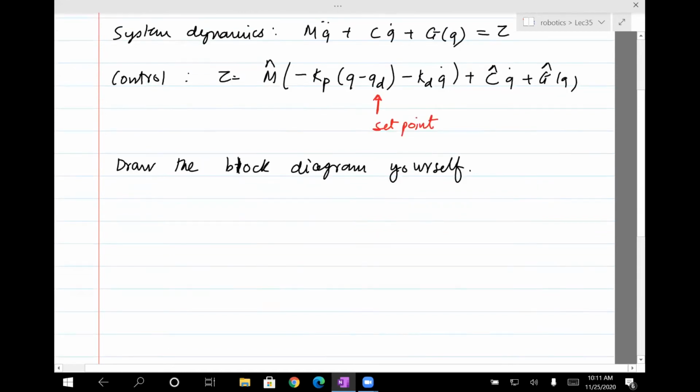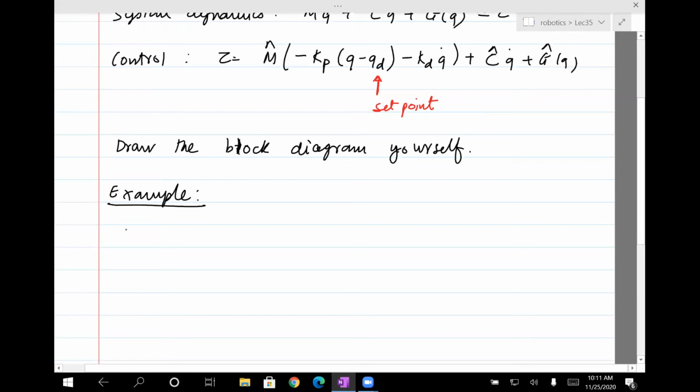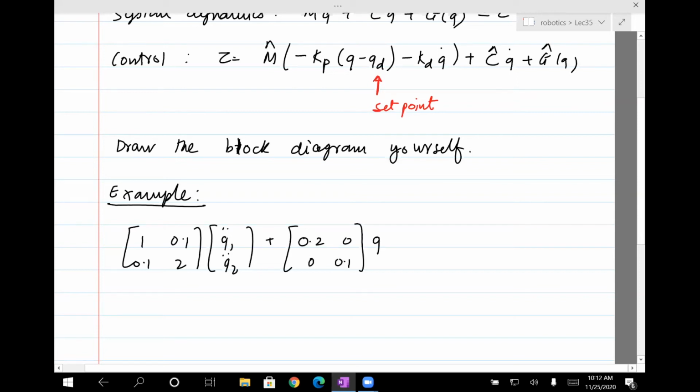Now let's do an example in MATLAB. I just cooked up a system which has no physical meaning, and the system I thought about is just numbers here: 0.1, 0.1, 2 for the Q double dot, and then there is the damping term or C term, 0.2, 0, 0, 0.1 times Q1 dot, Q2 dot.